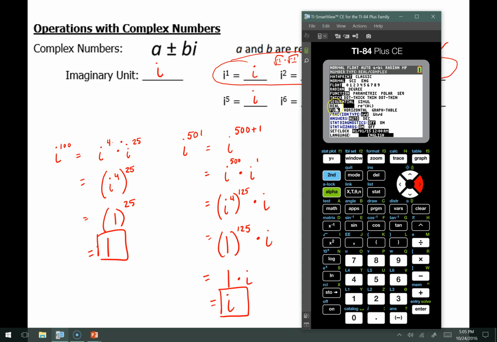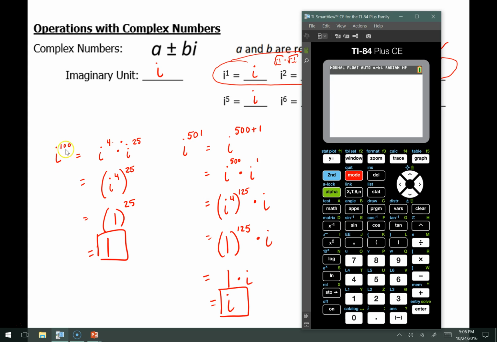Your calculator is initially set to real. Change it every single time. When you make that change and close out, I'm going to go to second quit, and at the top it says a plus bi instead of real. That means I'm in a plus bi, or complex mode.